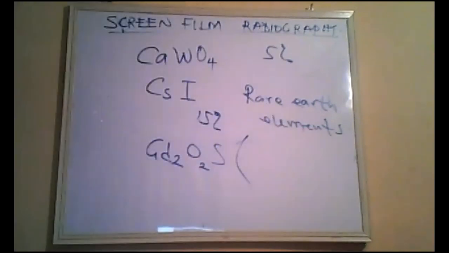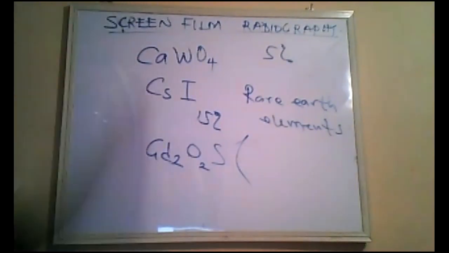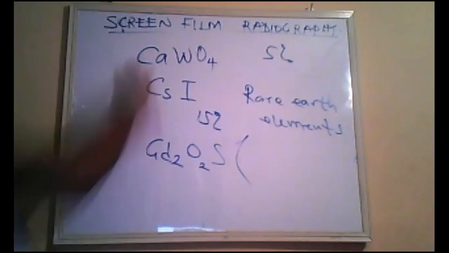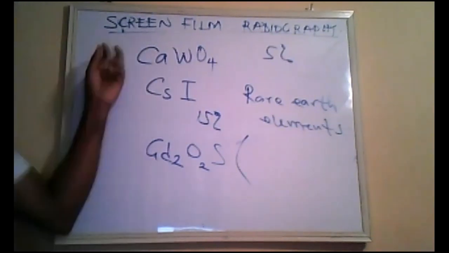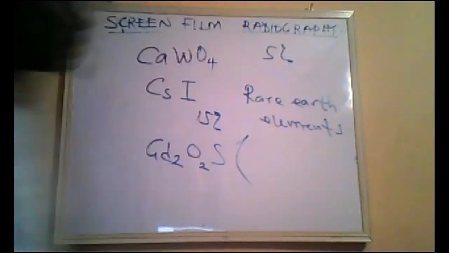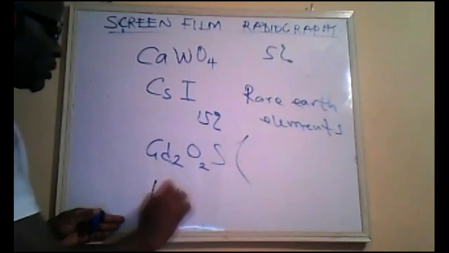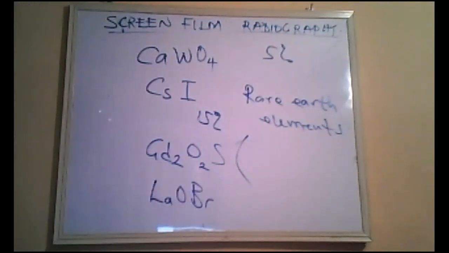So these are some of the chemical properties of a screen, or rather, some of the types of screen we have, starting from calcium tungstate to what we have. We also have some other elements like lanthanum bromide, and so on and so forth.